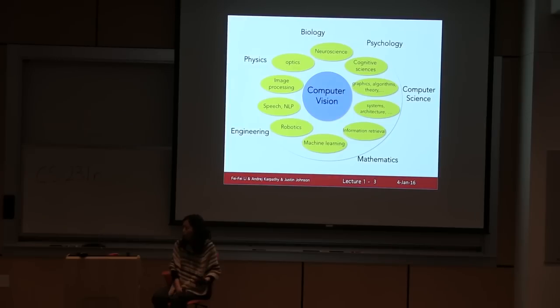So as a field, computer vision is really a truly interdisciplinary field. The problems we work on, the models we use, touch on engineering, physics, biology, psychology, computer science, and mathematics.